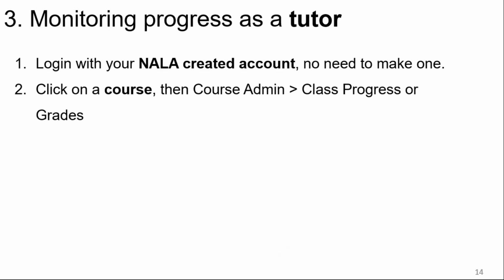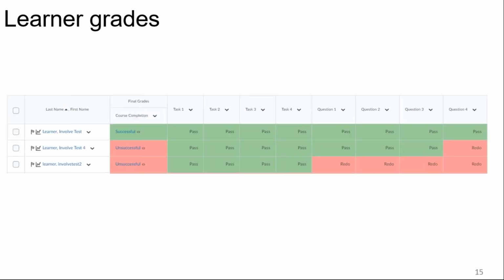As a tutor, just to show this, you will be given an account by NALA, so you don't have to create your own account, and you'll be able to click into a course, look at course admin, class progress, and grades to be able to see how a learner got on a particular course. The learner grade view looks something like this. I'm going to demonstrate all this very shortly.